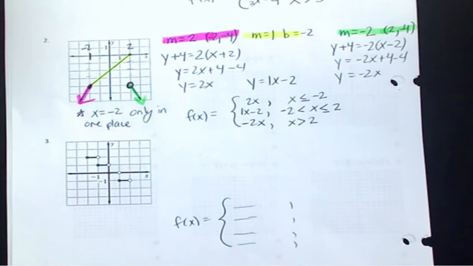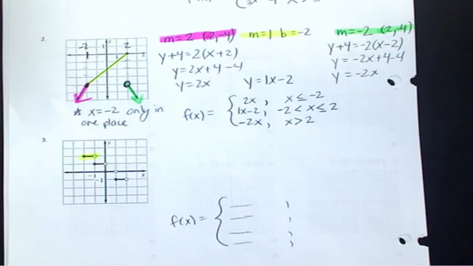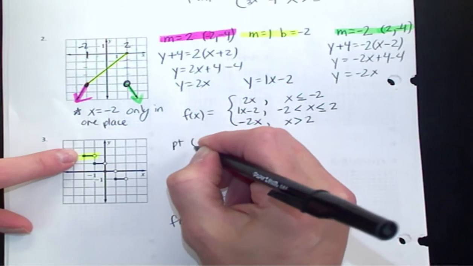I'll highlight one of them, right? Maybe you're totally blanking on how to write the equation of that line. Pick a point and pick a slope. Point.